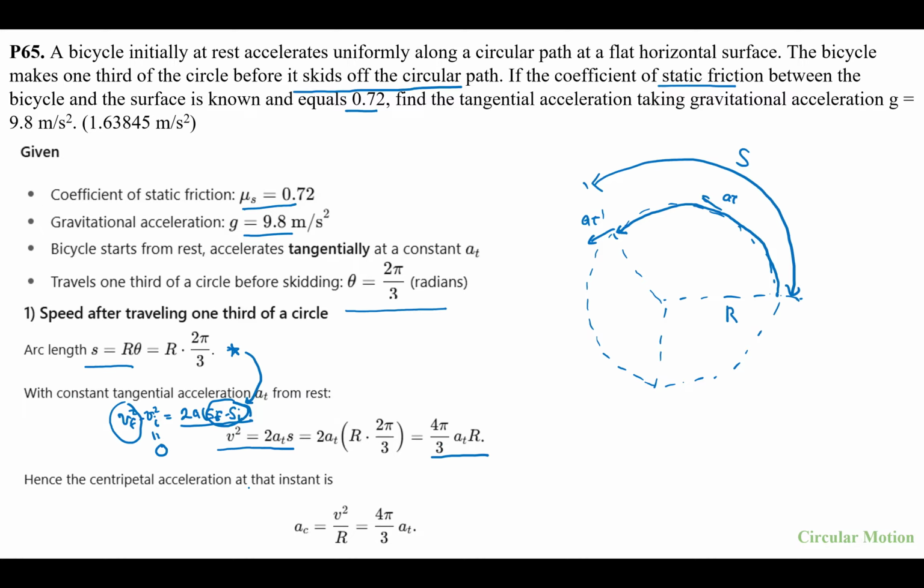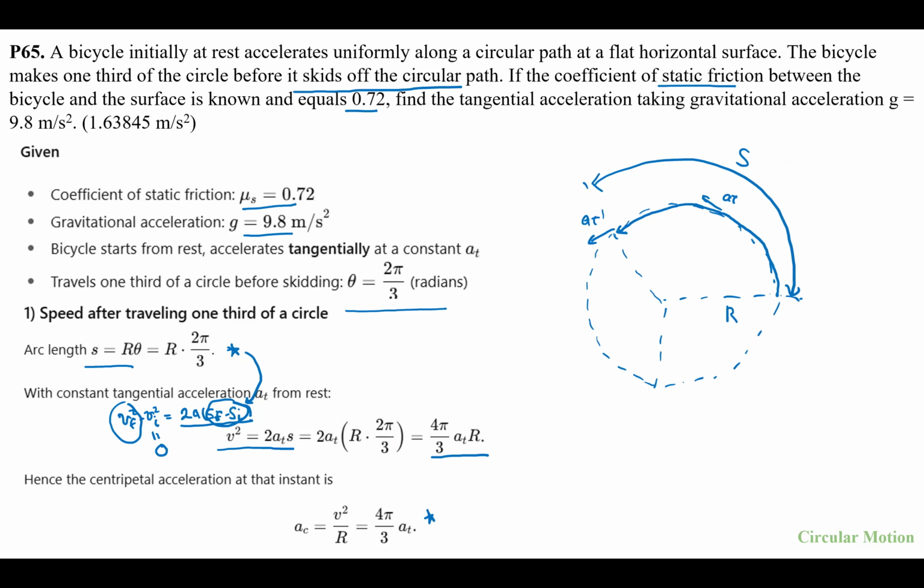And hence the centripetal acceleration at that instant is given by this one. What we are trying to do is find the accelerations, and there should be two types of acceleration.